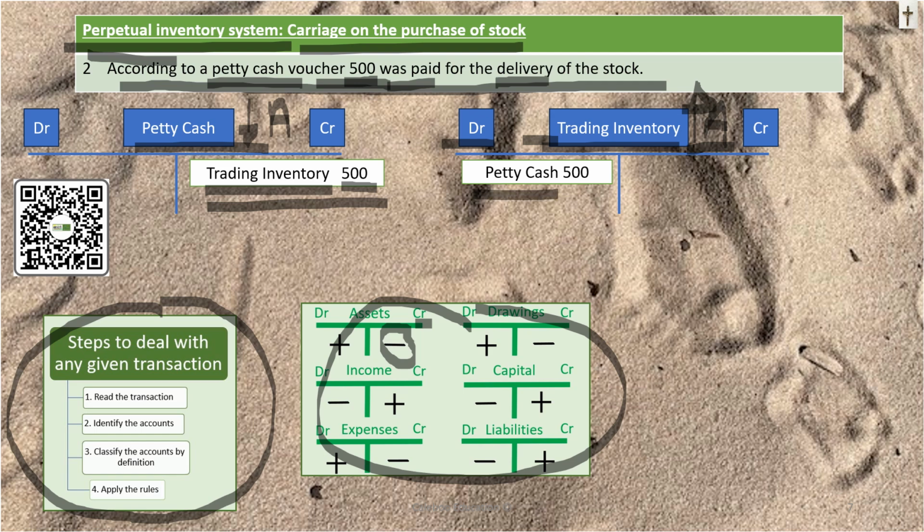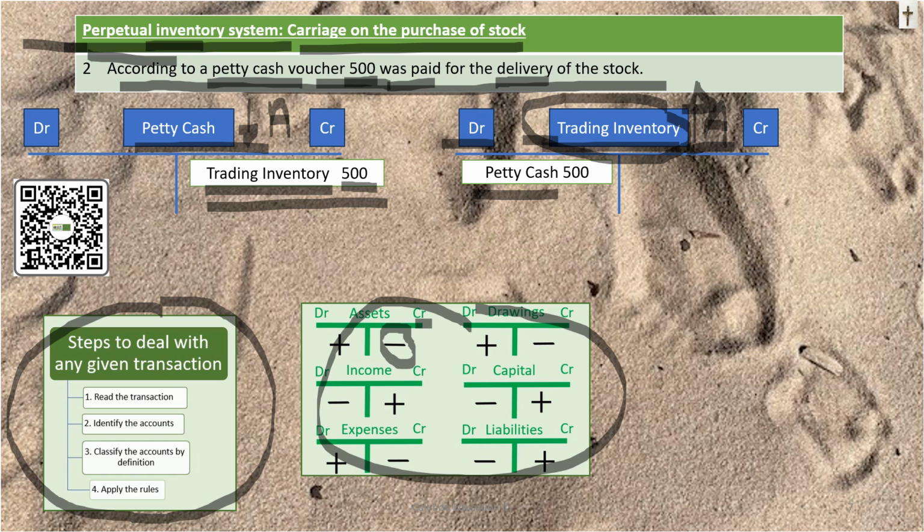So let's summarize this transaction. We're using the perpetual, the ongoing inventory system. All transactions relating to stock inventory are recorded in the trading inventory account. Petty cash was used to pay for the delivery of the stock.